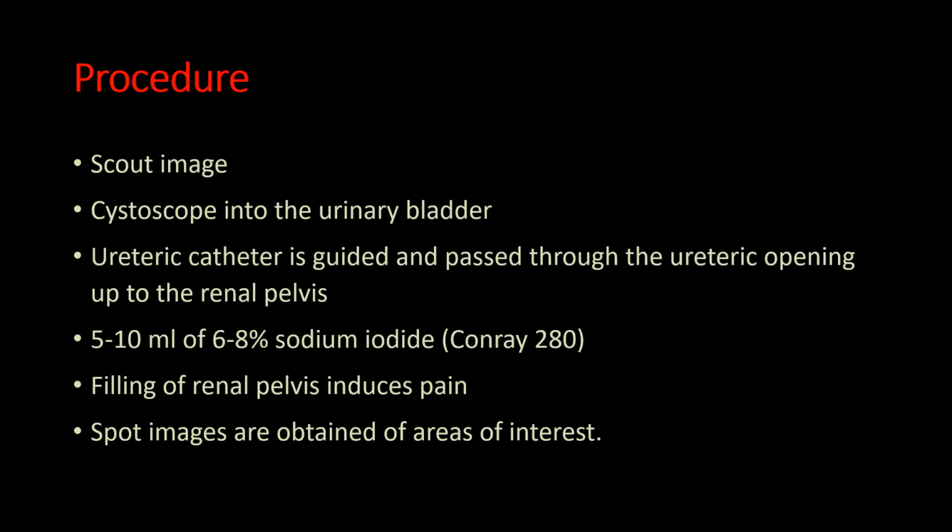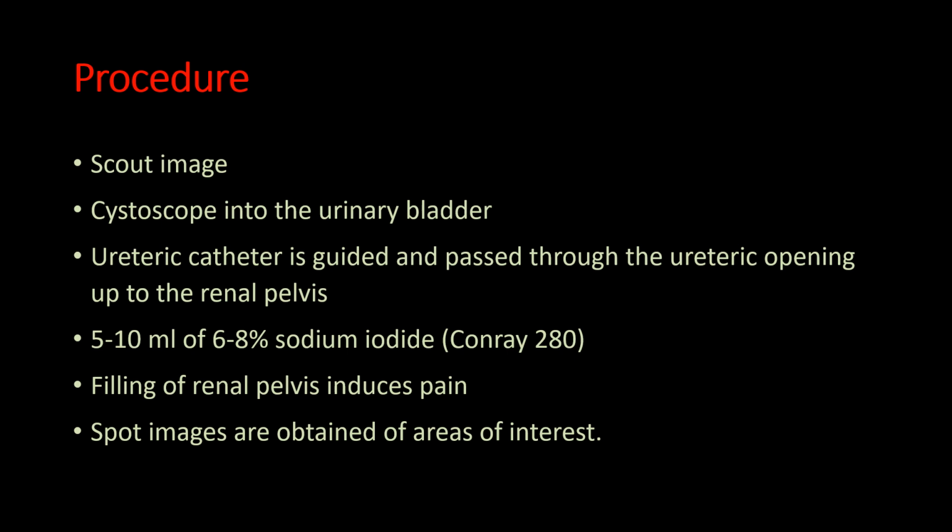For the procedure, before injecting the dye, a scout image is taken. Then a cystoscope is passed through the urethra into the urinary bladder. Through the cystoscope, a ureteric catheter is passed through the ureteric opening up to the renal pelvis. 5 to 10 milliliters of 6 to 8% sodium iodide dye known as Conray 280 is injected, which fills the renal pelvis.